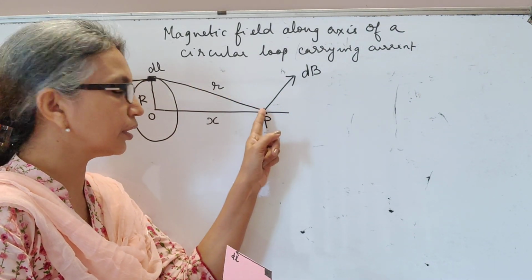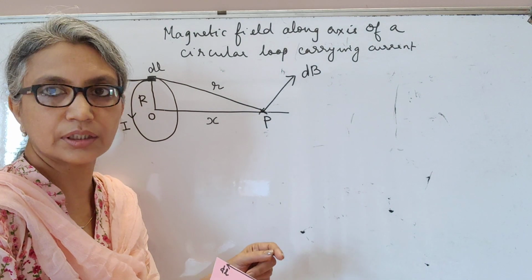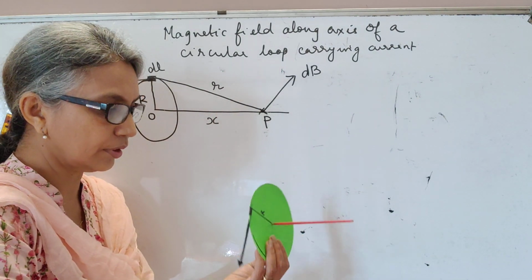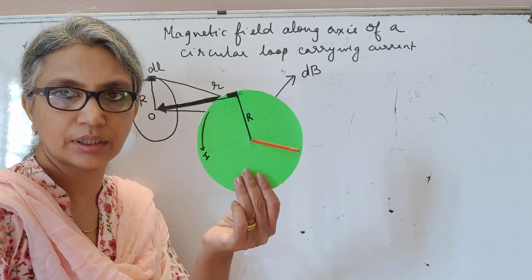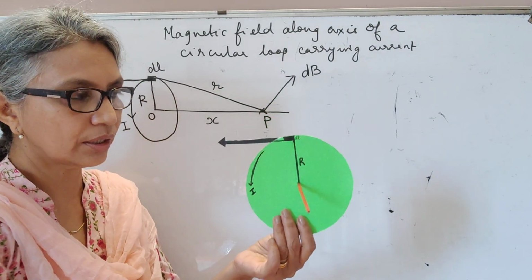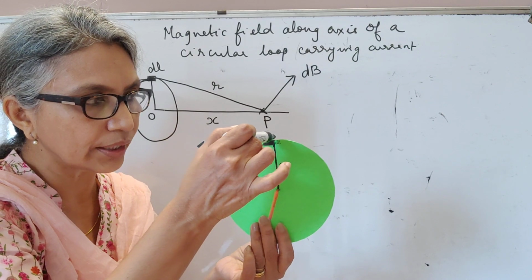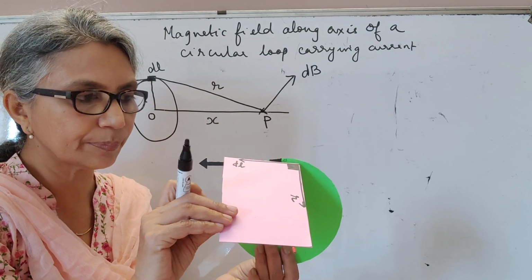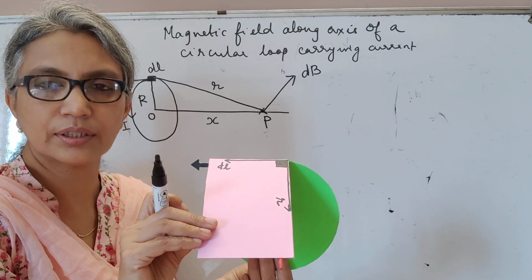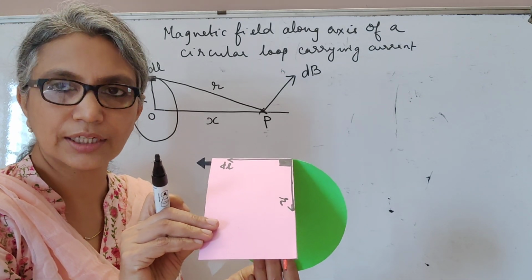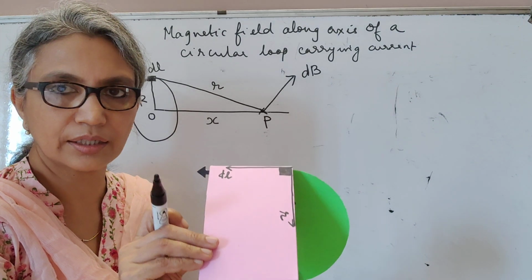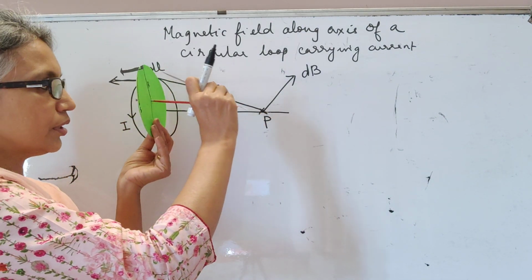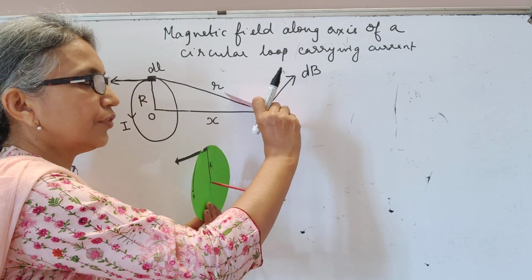It has to be perpendicular to r and it has to be perpendicular to dL, which is not clear in this figure. And small r is a line that joins dL to this point P, so you will have a slanting plane like this. dL is along the tangent, r is along that slanting line, the angle between dL and r is 90 degrees, and if you keep it like this, you will see dB has to be perpendicular to this plane.